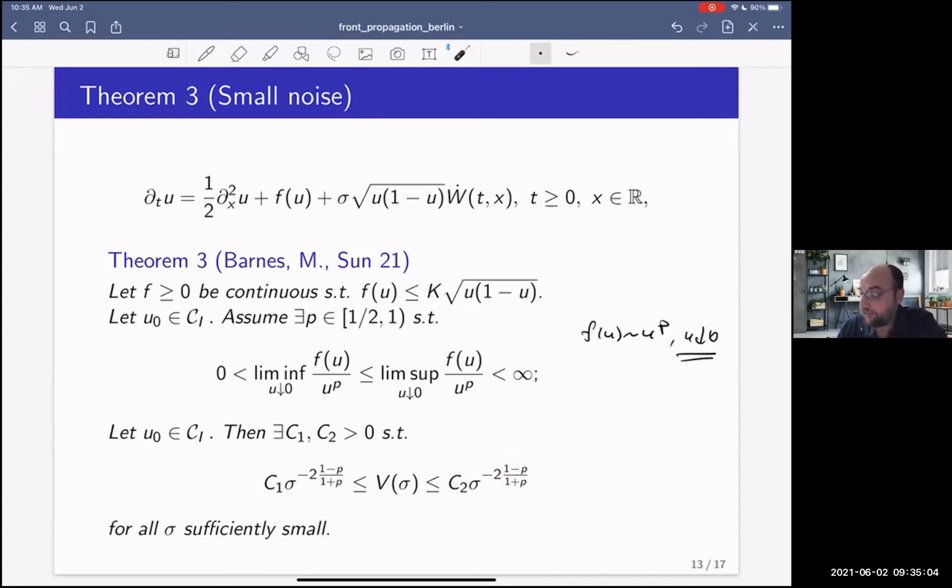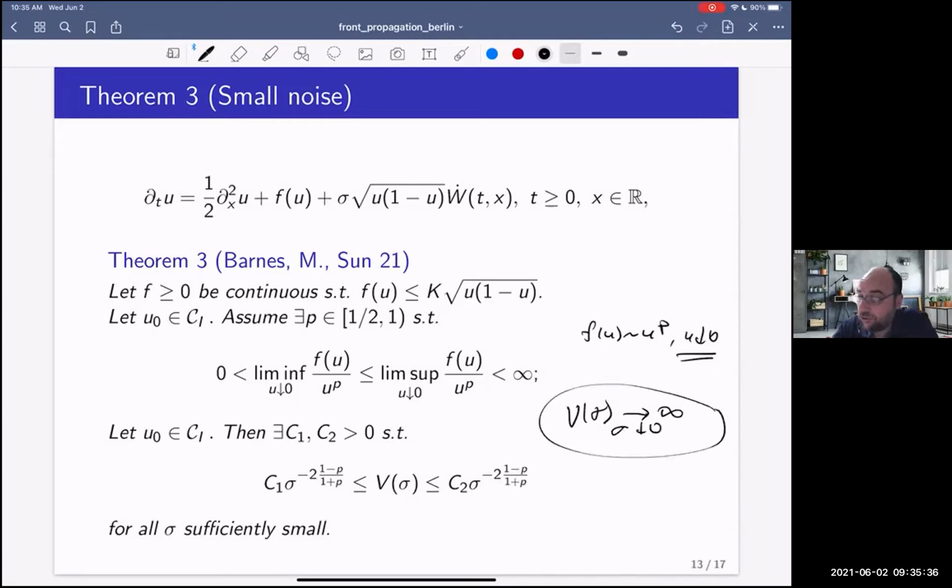We have constants C1 and C2 multiplying the same expression, but the moral is that V(sigma) behaves like this in the limit. One thing: it's not surprising that the speed diverges. As sigma goes to 0, the speed diverges to infinity. So V(sigma) goes to infinity as sigma goes to 0.